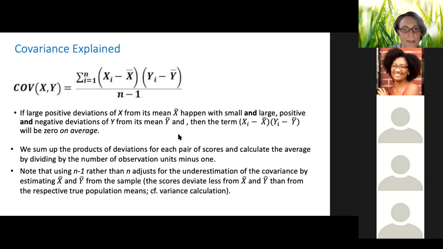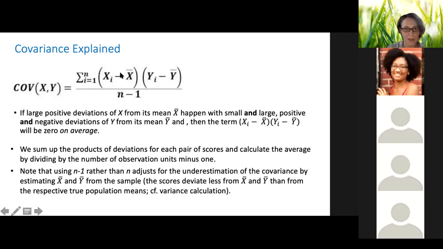Yeah, and then the last case. When is this cross product on average, if we sum it up across all observation units, null? So when is it 0? That is when large positive deviations of X from its mean happen with small and large, positive and negative deviations of Y from the Y mean, right?